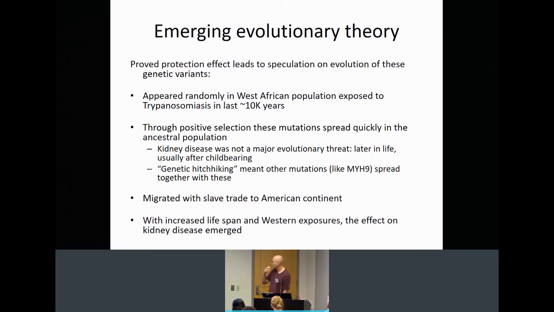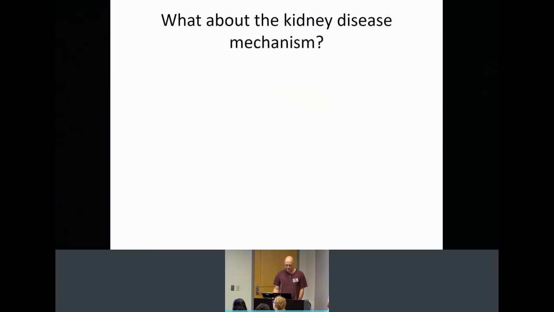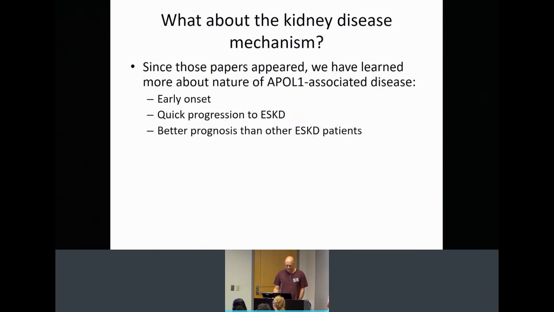In the US, these African Americans were not exposed to trypanosomiasis. On the other hand, they have increased lifespan and maybe some environmental factors like HIV, which is not exactly an environmental factor, and then the kidney disease risk emerged as a major issue. This is just demonstrating the selective sweep. I don't think it's clear.